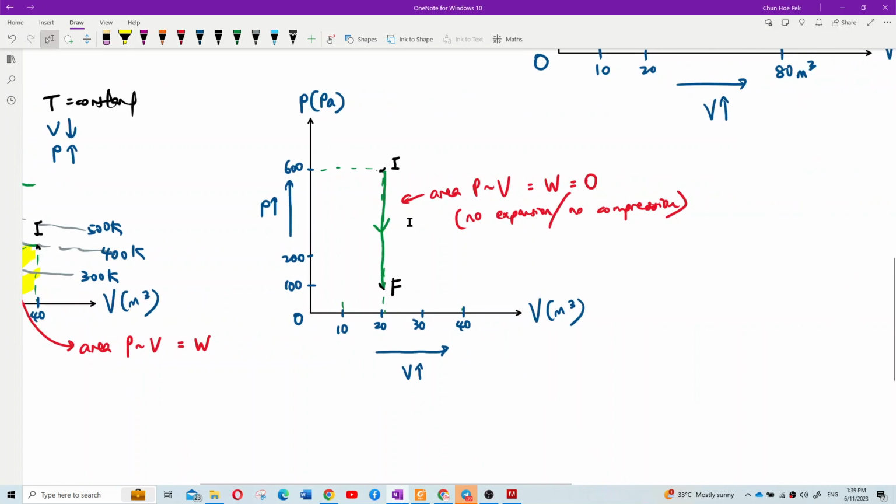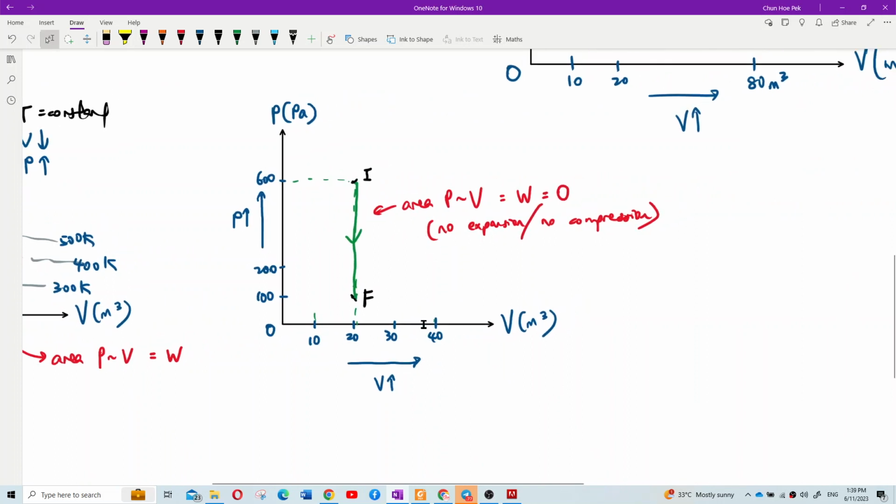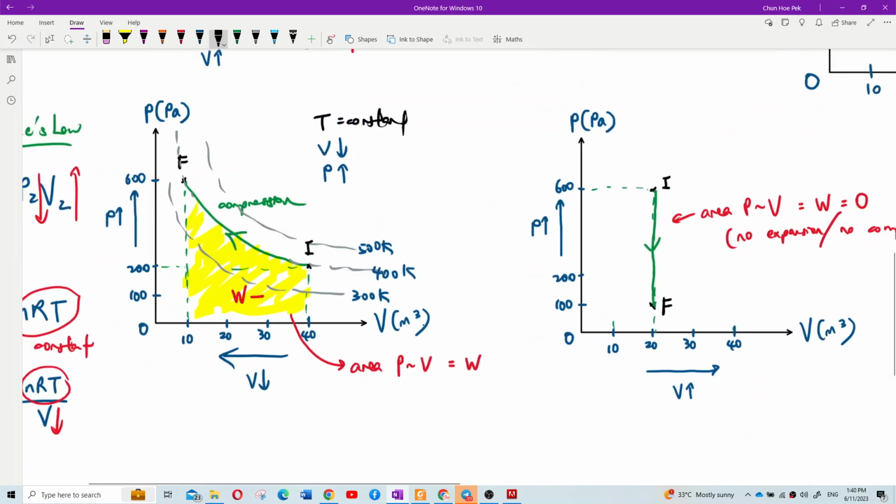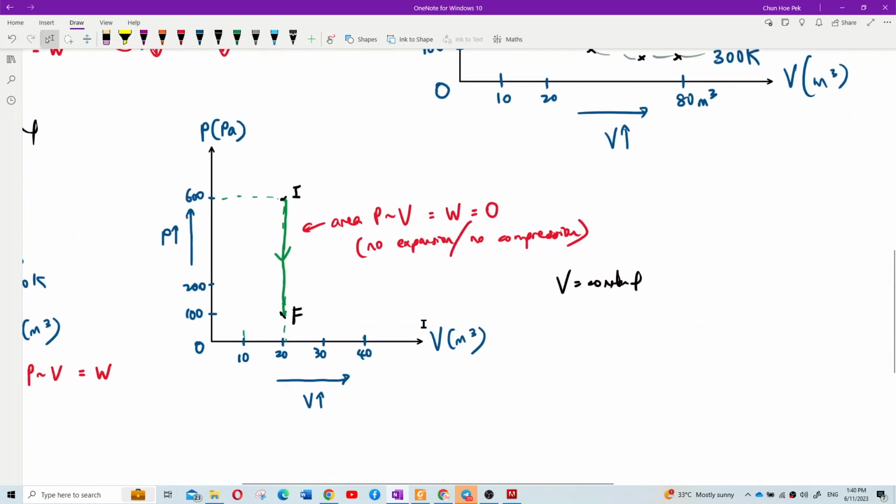How about this one, class? This one is volume constant. What happened to the pressure, class? Pressure decreases. This one goes down, that means pressure goes down.